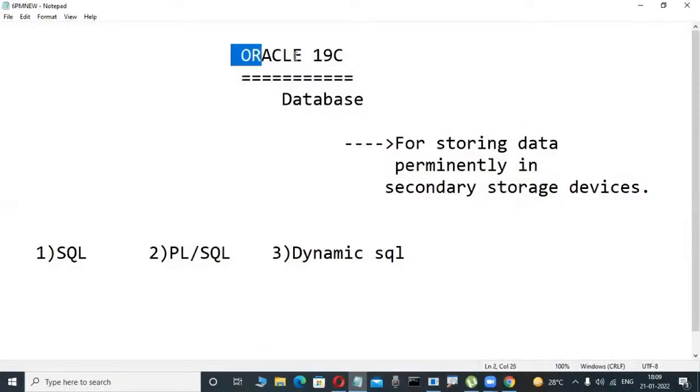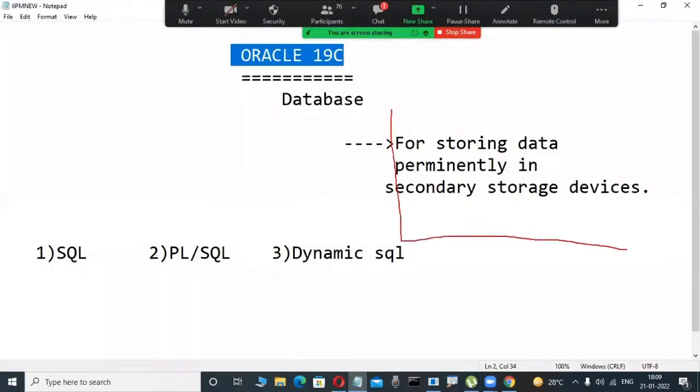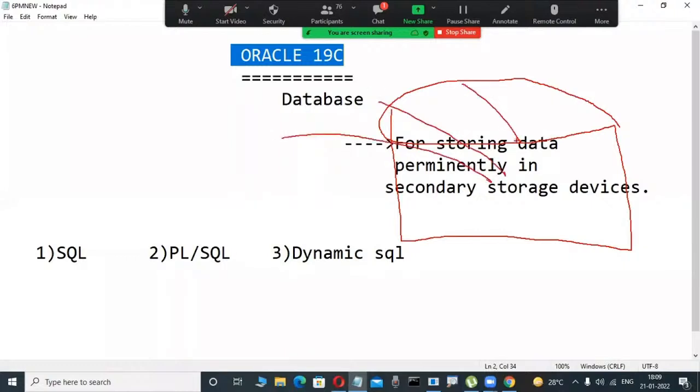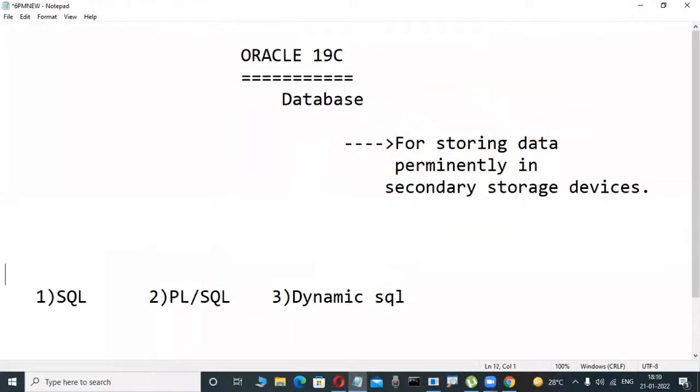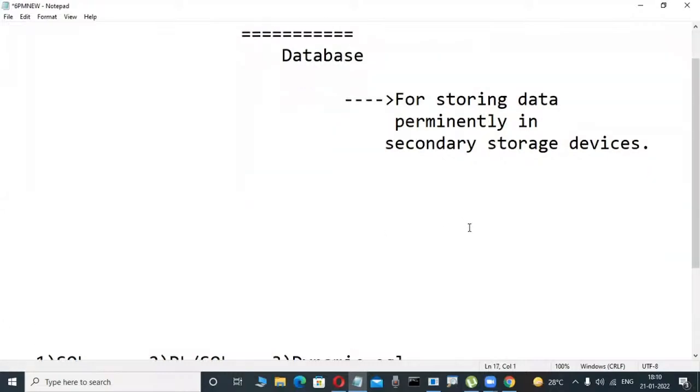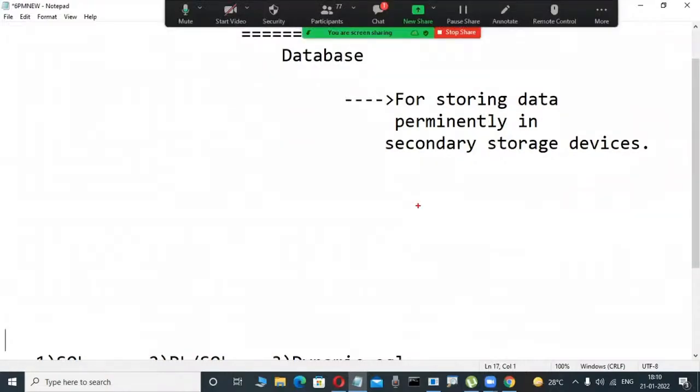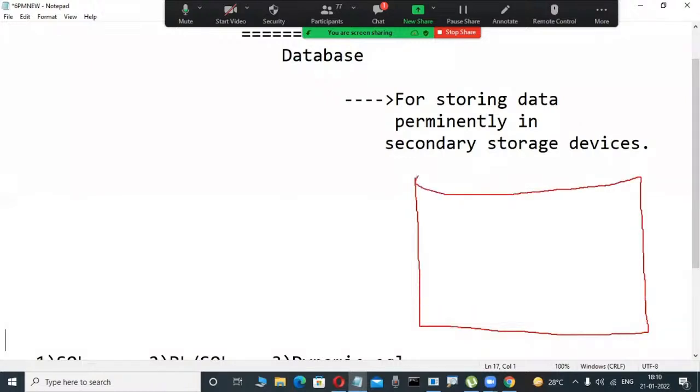Once we install the Oracle software, some place is automatically created on the disk, where we permanently store data. These are relational databases, available from 1970 onwards. Relational databases do not store a random collection of data. They only store a structured collection of data.